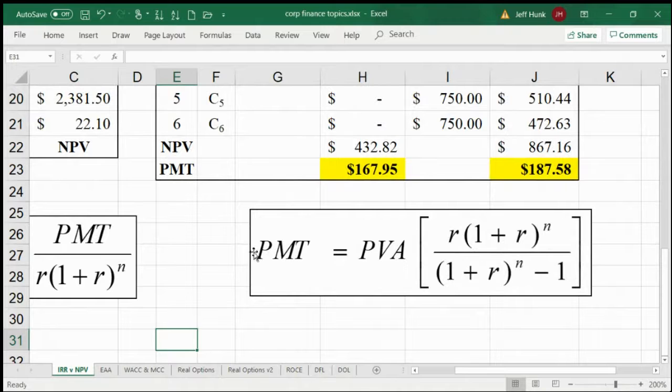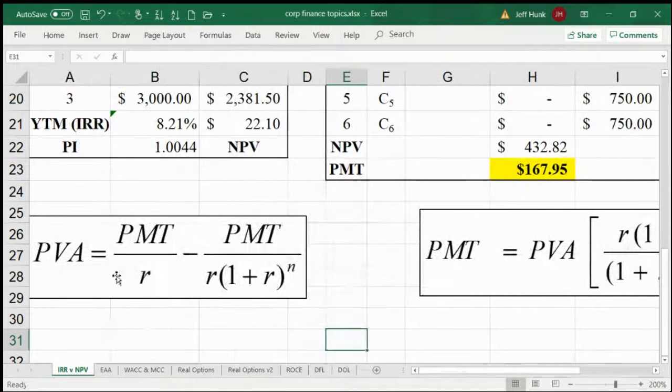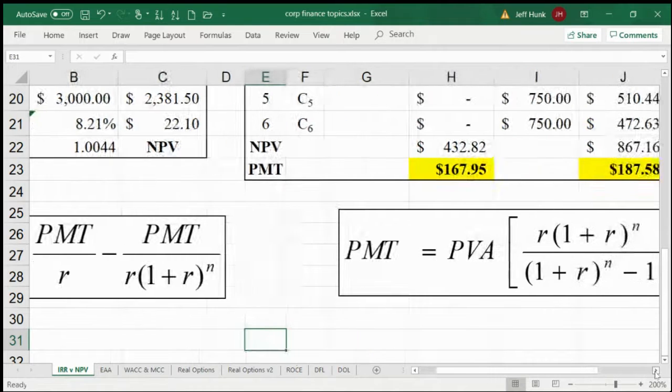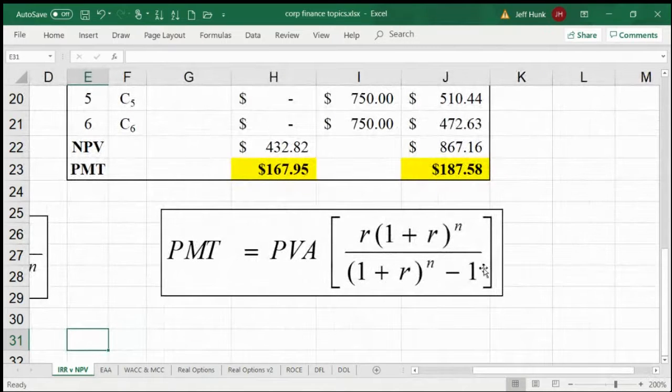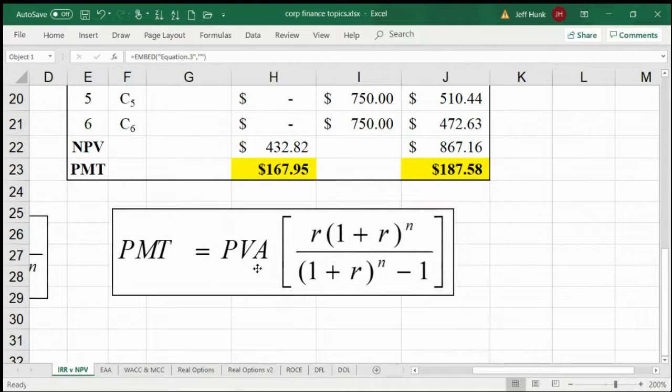Well, the question is, we need to solve this equation for payment. And if you solve this equation for payment, the equation will be like this, okay?